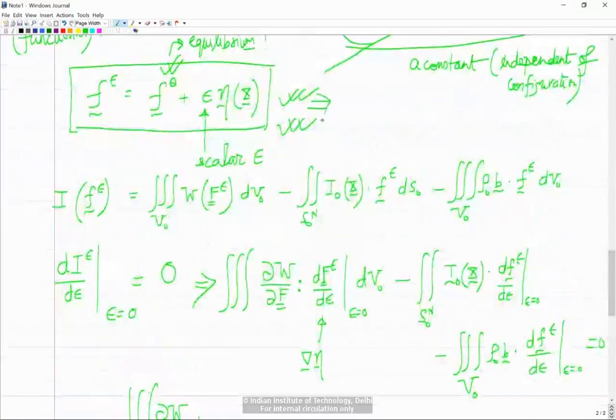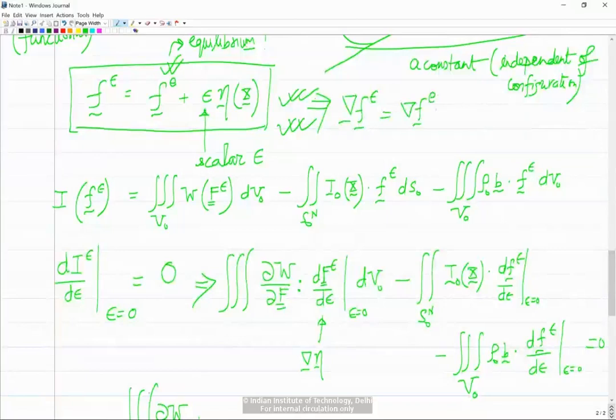When you take the gradient, you have gradient F epsilon equal to gradient Fe plus epsilon into gradient eta. And when you do d by d epsilon, this will act like a constant, and so you just get the second term.